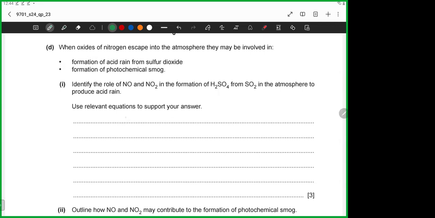It's SO2 in the atmosphere, and NO2 in the atmosphere, and they react and form SO3, and then that NO oxidizes in air by itself. So identify the role of NO and NO2 in the formation of acid rain. So they're basically acting as a catalyst, right?